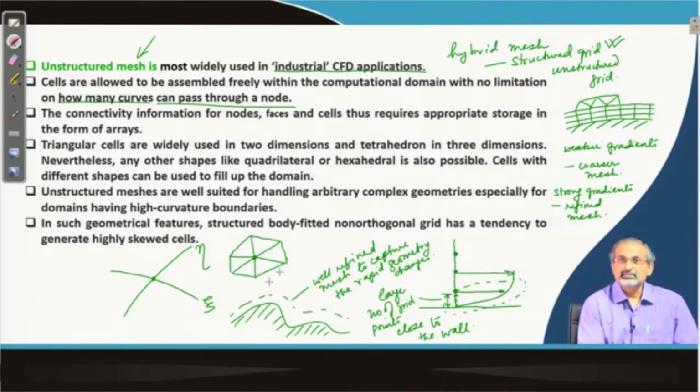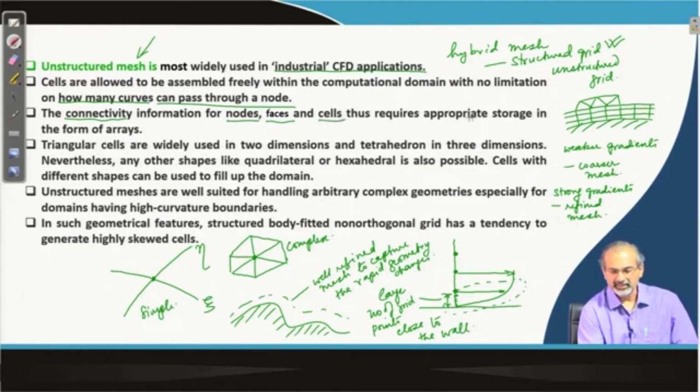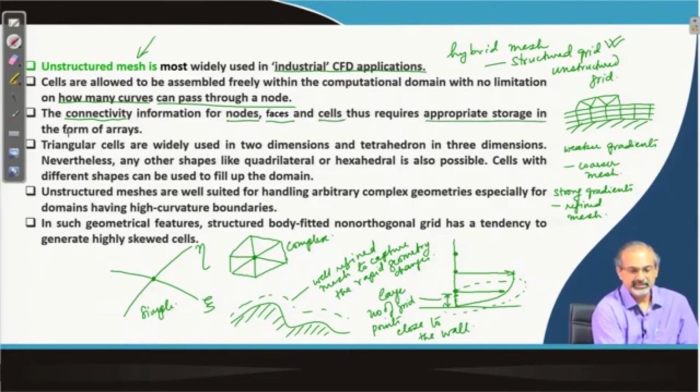As a consequence, you have a lot of connectivity information which has to be built up. Connectivity information is rather simple here, but it is quite complex over here. So, you have to have connectivity information with regard to nodes or grid points, faces, cells, and they have to be stored into appropriate arrays.